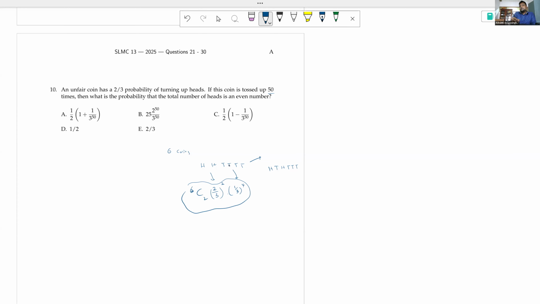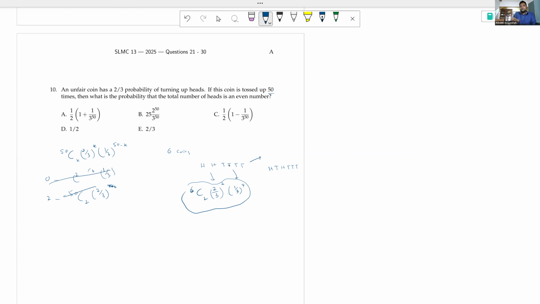So in the situation of 50, the probability of getting K heads would be 50C K, 2/3 to the power K and 1/3 to the power 50 minus K. And then you will add 0 heads, you're gonna get 1/3 to the power 50.